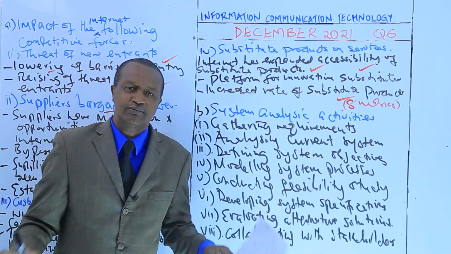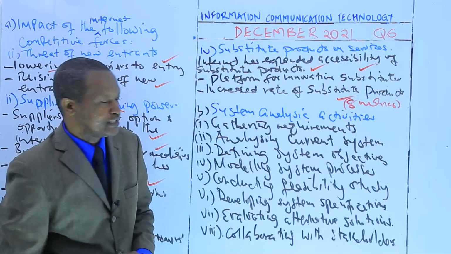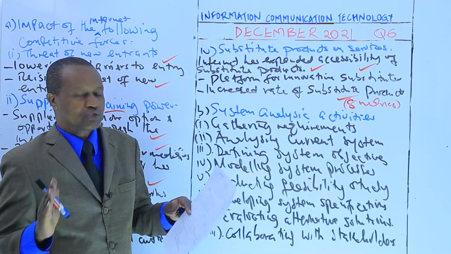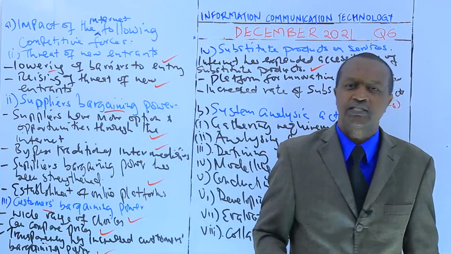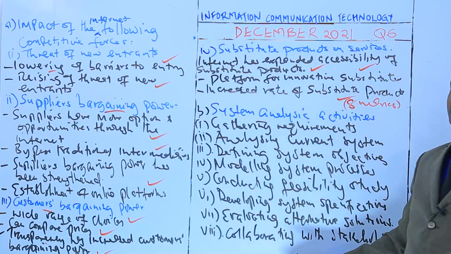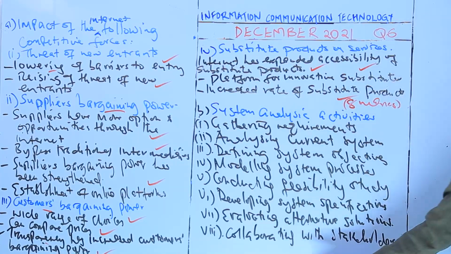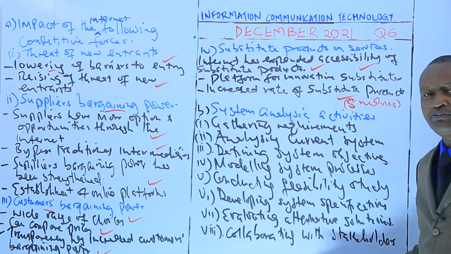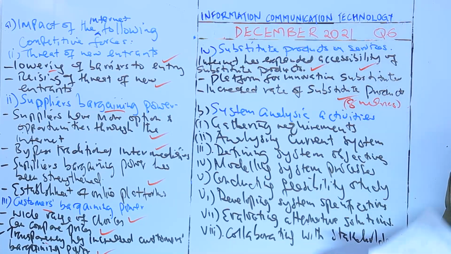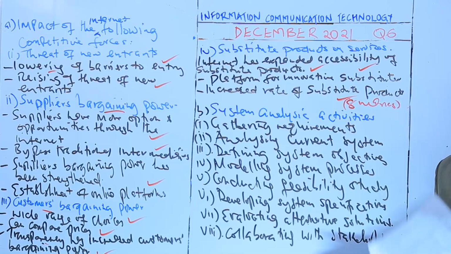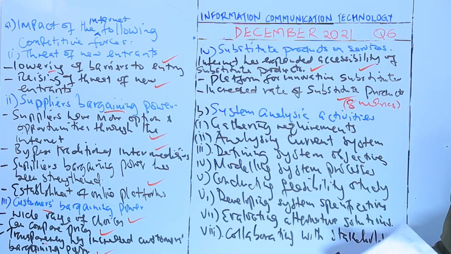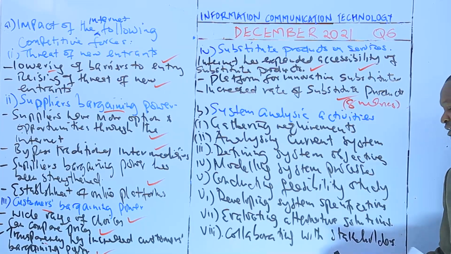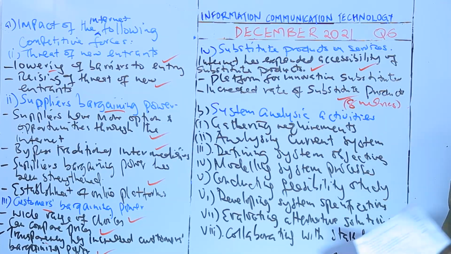Candidates, throughout the systems analysis process, the system analyst works closely with the stakeholders, including the end users, the managers, the IT personnel, and so on. And this collaboration includes conducting regular meetings, presentations, and reviews to ensure that the proposed system meets the needs and the expectations of all parties involved.